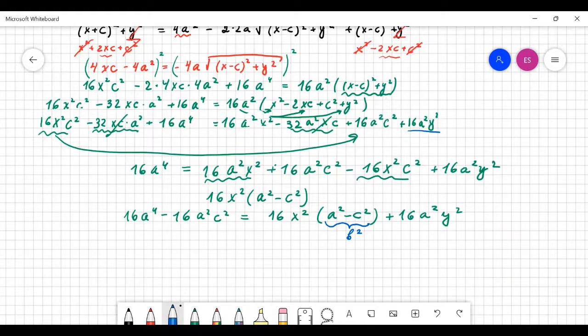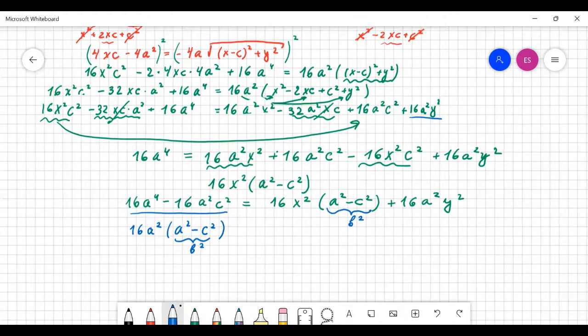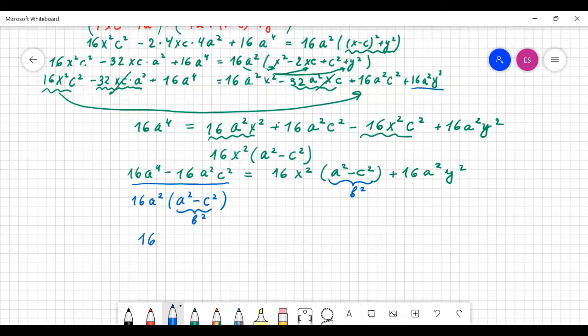And if you look at this expression and take away 16 and a squared, we are going to have a squared minus c squared. And again, a squared minus c squared, I decided to label as b squared. I need this to make the equation looking nicer. So I have 16a squared b squared equals 16x squared b squared plus 16a squared y squared.